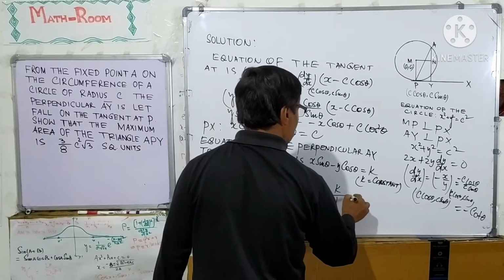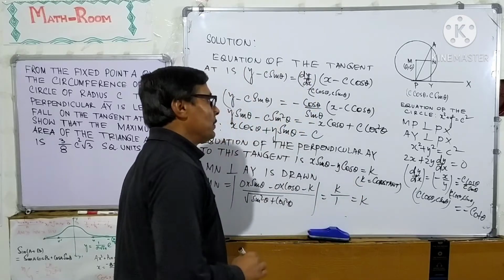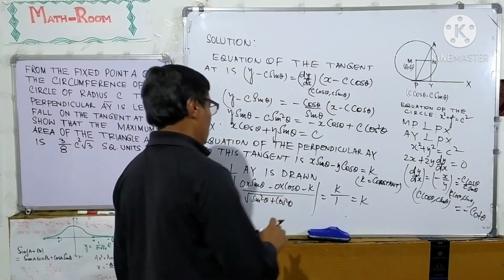That is 1, so this is k. This is the value of MN equal to k.